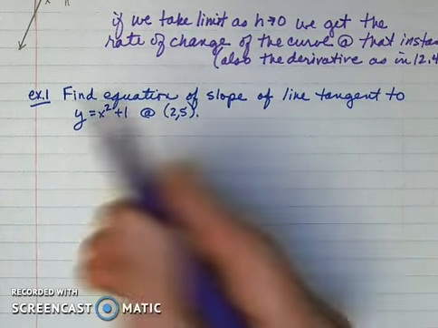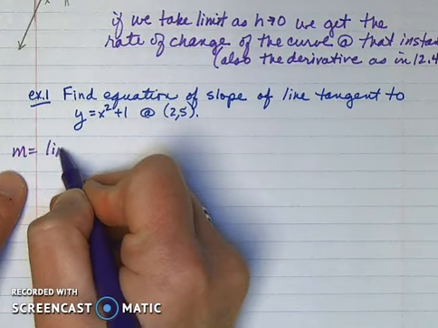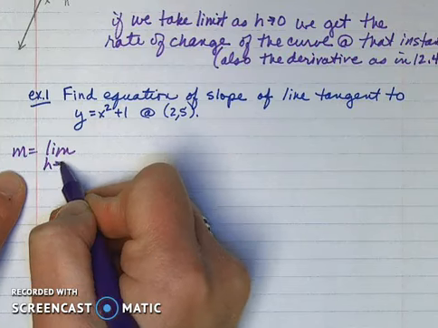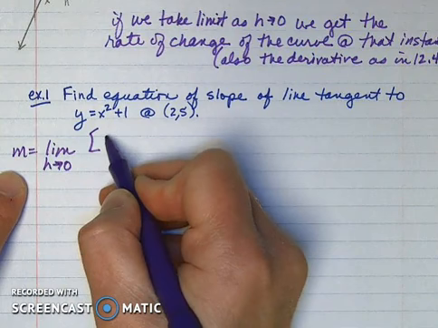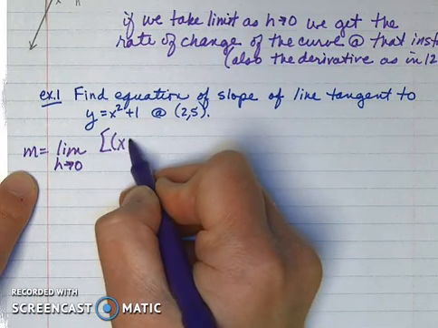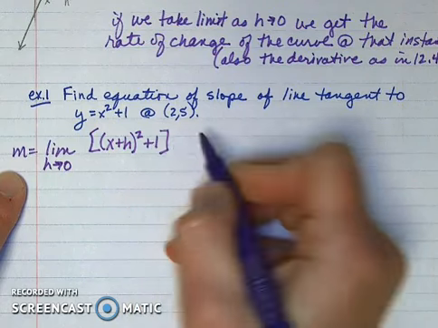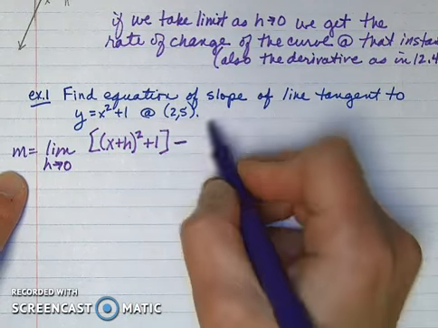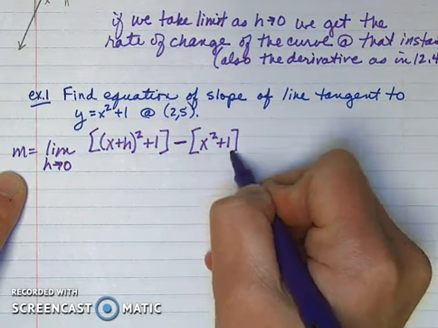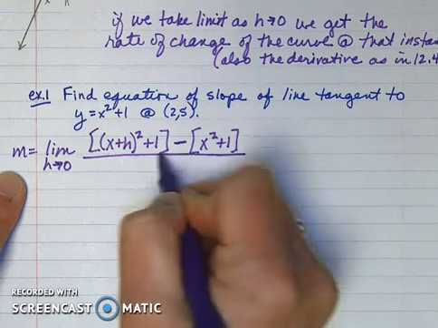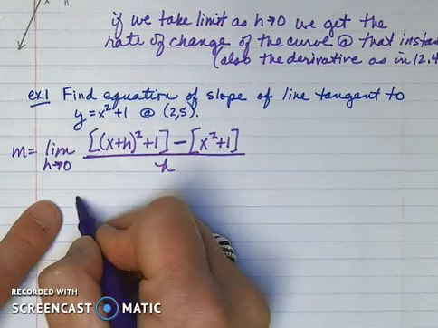So the slope is the limit as h goes to 0 of this function at x plus h, so I have x plus h squared plus 1 minus the function itself, which would be x squared plus 1, all over h.